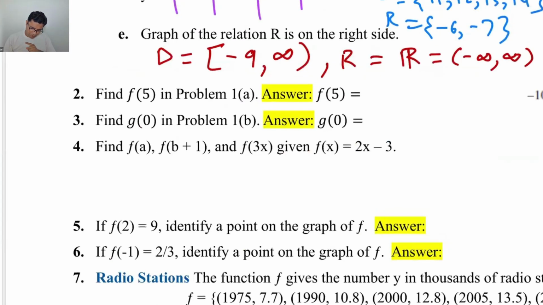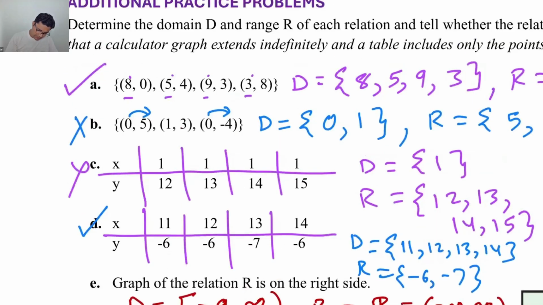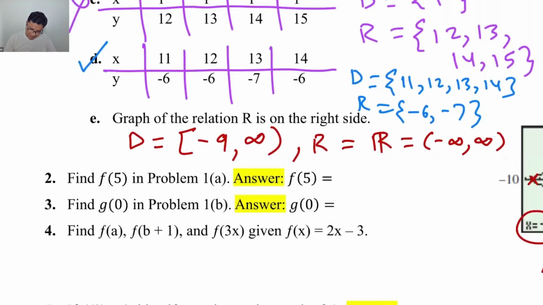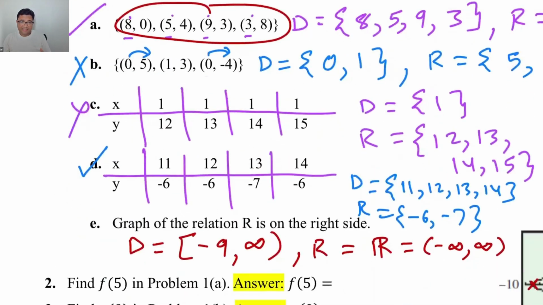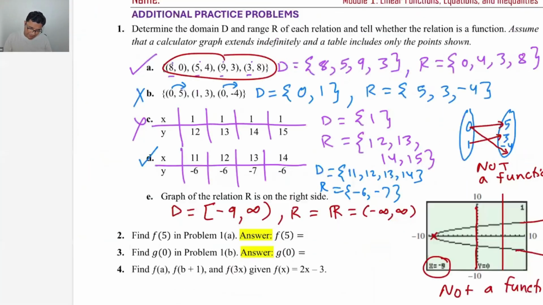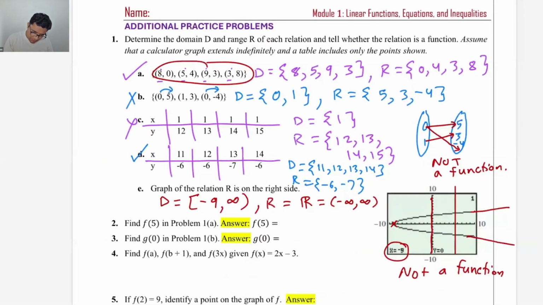In the first problem here, find f of 5, it says. Find f(5) in problem 1a. Now this is understanding the meaning of functions. Let me zoom out so you can see it. In this function, what is f(5)? I will highlight.